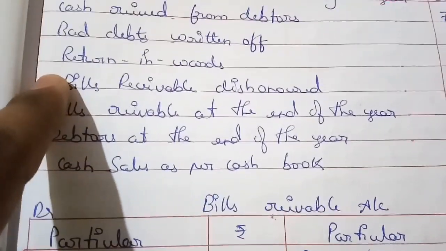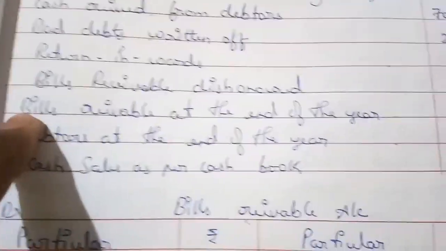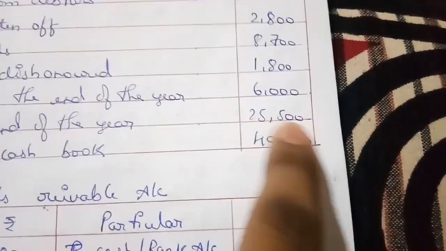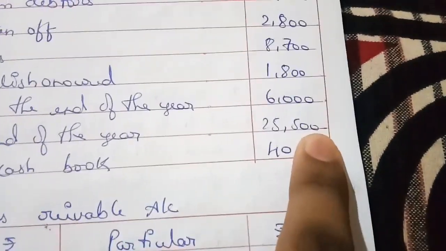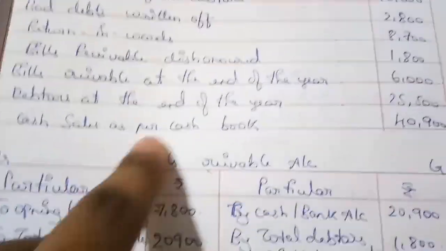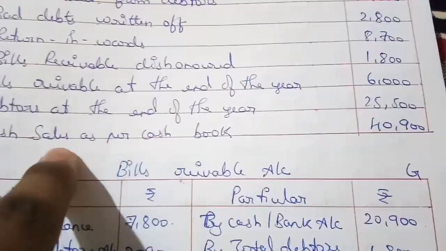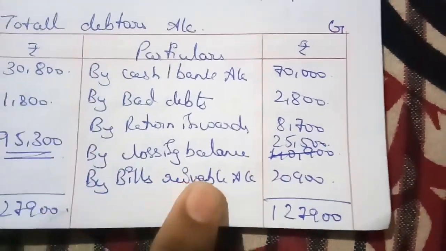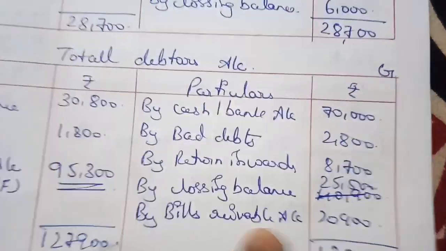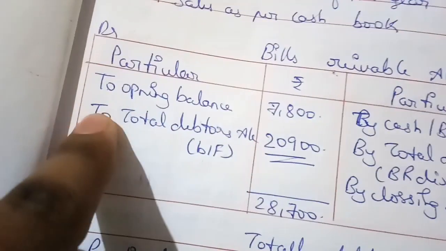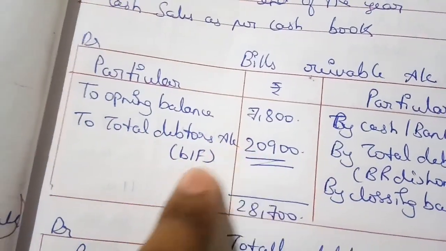Yes, bills dishonored and bills receivable are done. At the end of the year, 25,500 is the closing balance, and where we will use this, I will show you now. Okay, so guys, all we have written down here, this is why this bills receivable again came here, because see here, to total debtors account.